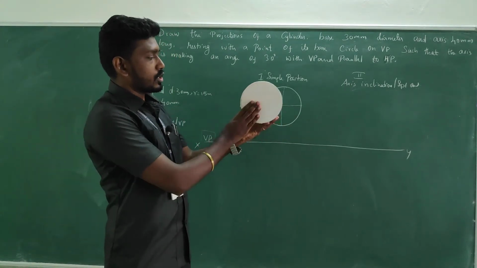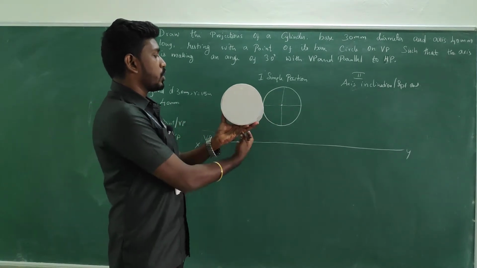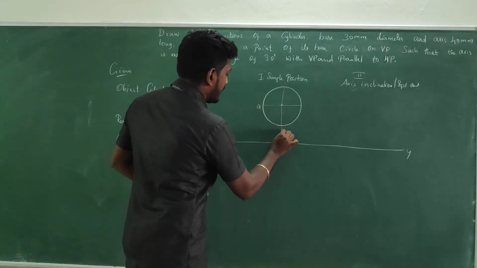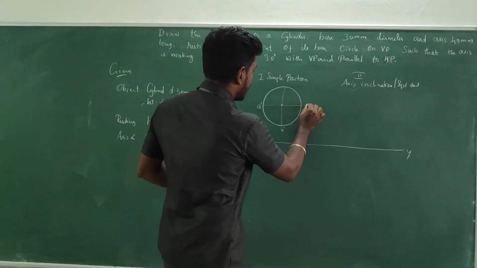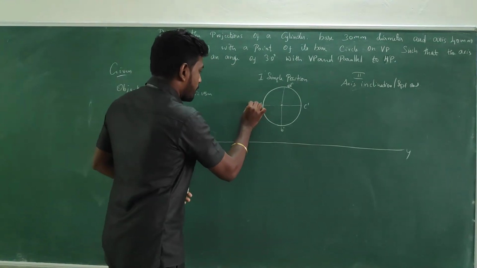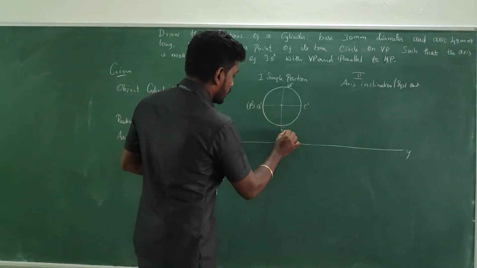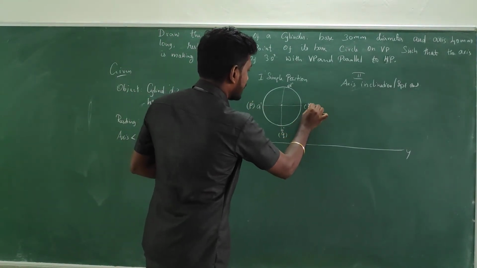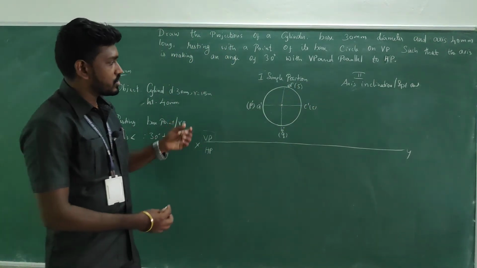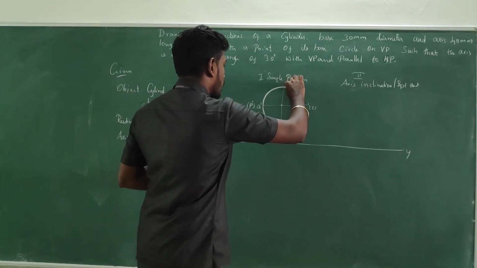The top base I am going to name A, B, C and D. The bottom base I am going to name P, Q, R and S. So in the front view, A dash, B dash, C dash and D dash, and the bottom base which is behind the top base, P dash, Q dash, R dash and S dash. This is our view, the true shape, so make it a dark one.